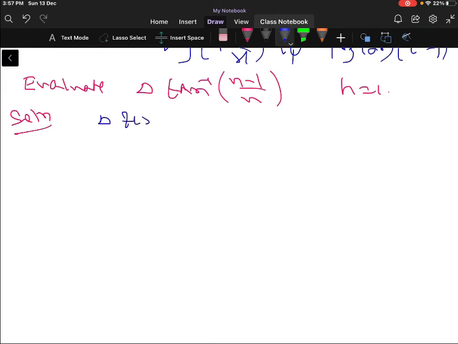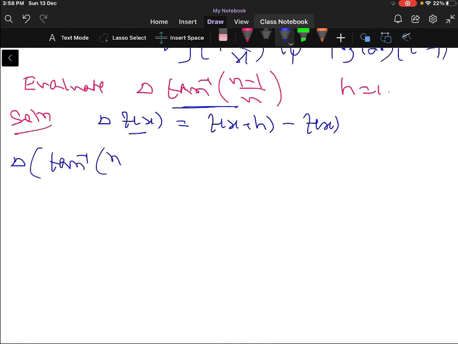So we know that the first forward difference is f of x equals f of x plus h minus f of x, where f of x is tan inverse of n minus 1 by n. So therefore delta of tan inverse of n minus 1 by n can be written as tan inverse of, in place of x you should take x plus h, where x is n minus 1 by n.